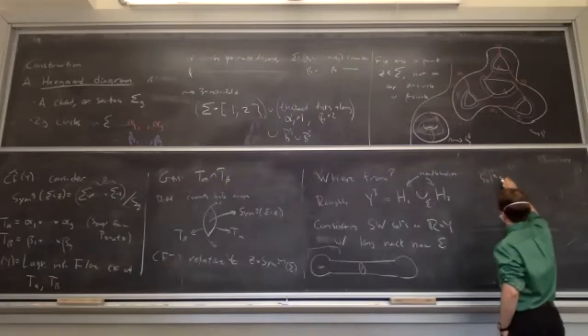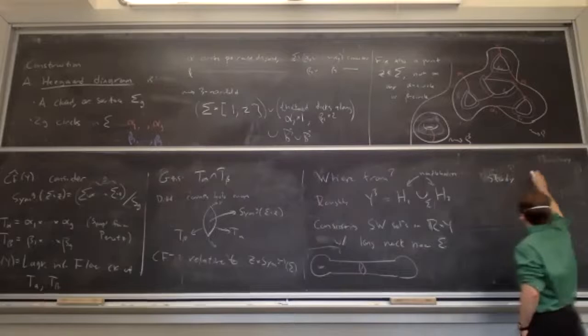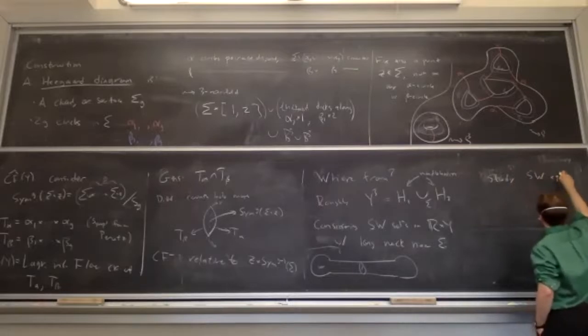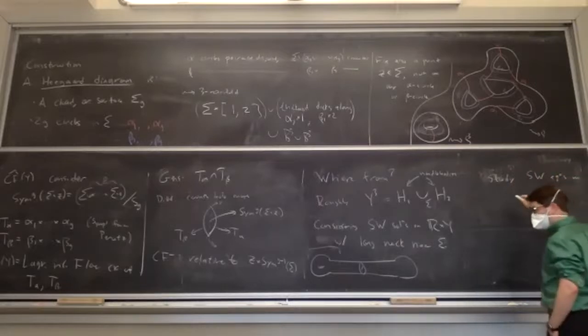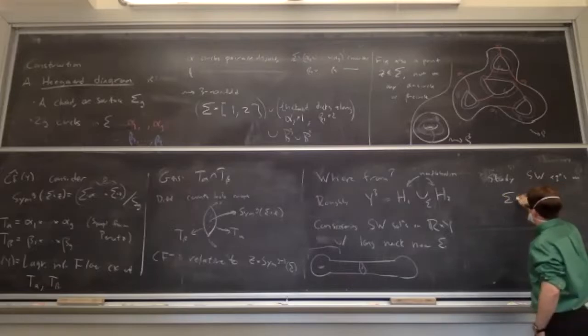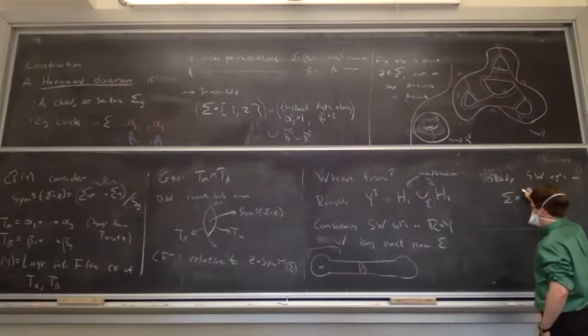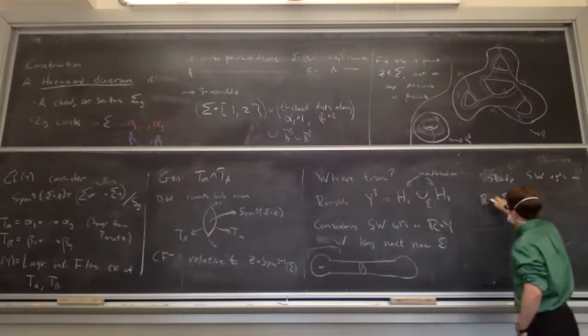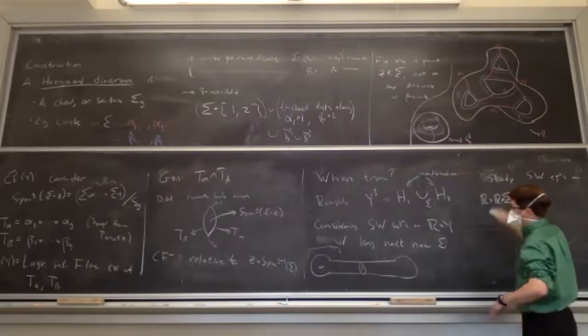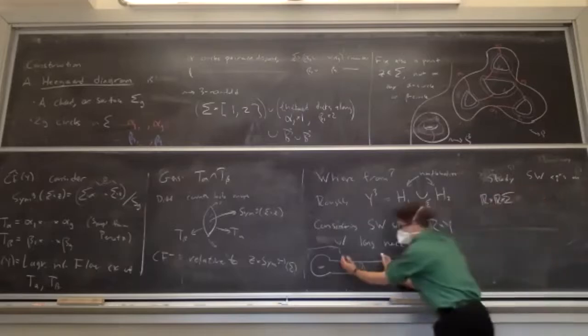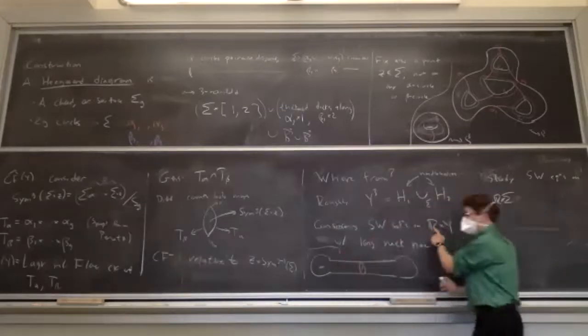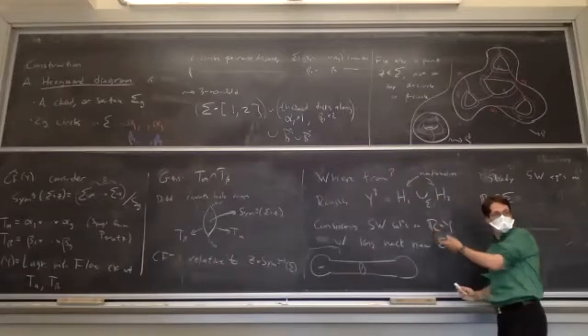So study the Seiberg-Witten equations on the middle piece, which is just sigma cross R. So in the middle here, I have an R cross sigma from stretching Y, and there's another R from the R.